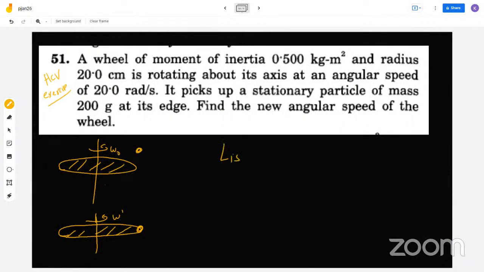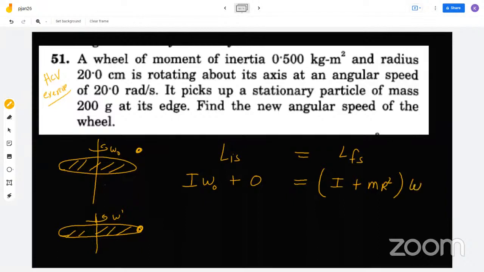So initial angular momentum of system, final. Initially किसका होगा? Wheel का होगा. Wheel का I omega given है, particle का rest पे होगा. Finally I plus particle का it will be m r square into omega dash.